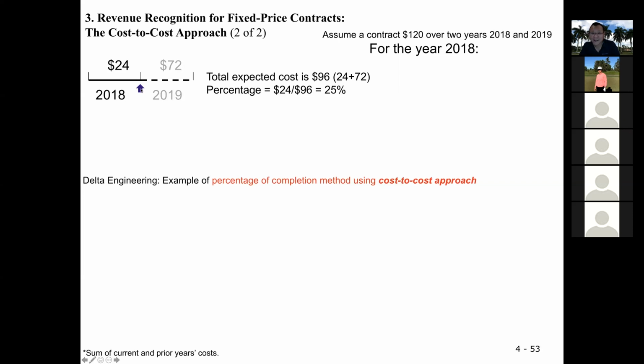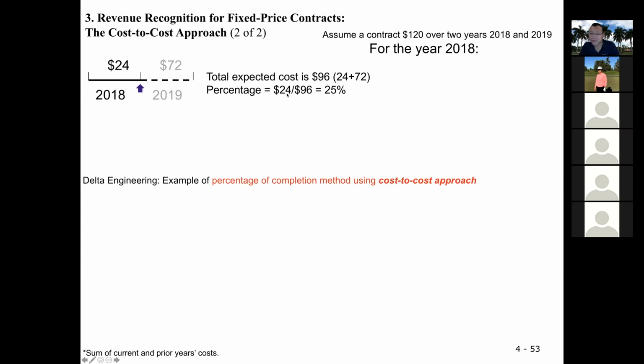Yeah. Because we are doing this revenue recognition at the end of 2018, right? I don't know what is going to happen in 2019. I will not know the actual cost because of uncertainty. But I can use my best estimate. So I estimate it's 72, right? So based on these two numbers, you can calculate the percentage of completion.